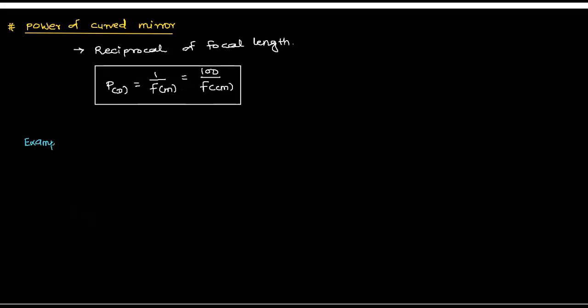See here. Find focal length of concave mirror of power 2D. D means what here? Diopter. That is the SI unit of power.